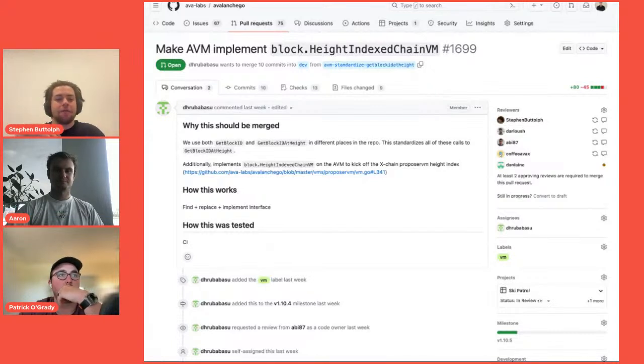Essentially, you can think of Snowman as Avalanche, but with more restrictive conflict set management. And that's how a lot of the consensus stuff was originally implemented, including bootstrapping. What that meant is that you really can't do too much by height.